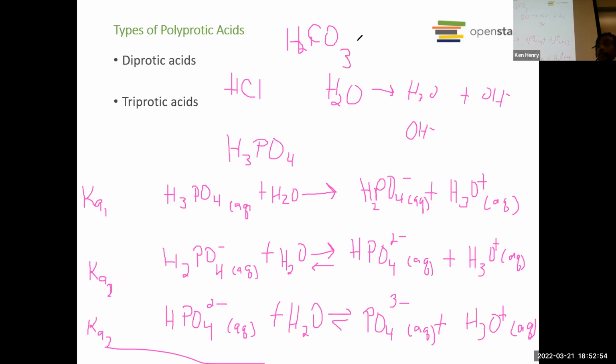Yes. So yes, this would be an example, right? Because we can lose the first one, and then we'll get HCO3 minus aq. And then it was able to lose the second one.